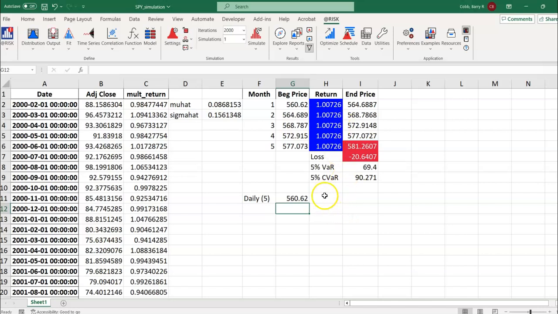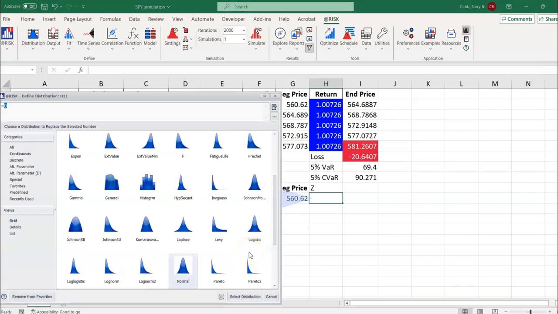In this case, instead of the return, we're going to use a standard normal random variable, and I'm just going to use Z as the notation for that, which is the same notation in the textbook. And this is going to be a distribution, a standard normal distribution. So let me define a normal distribution. We'll find normal, it's right here.